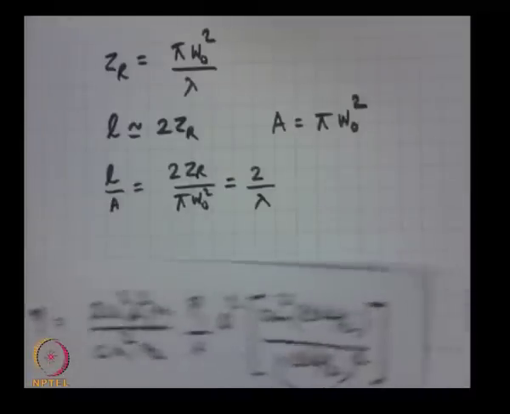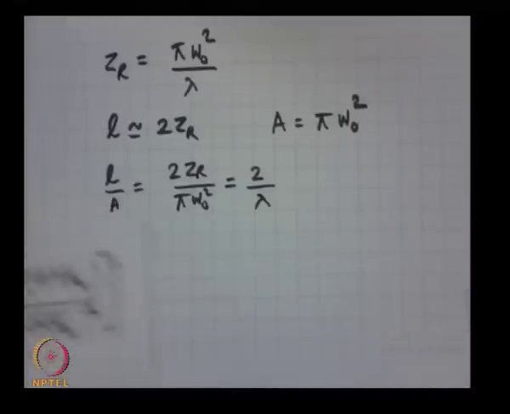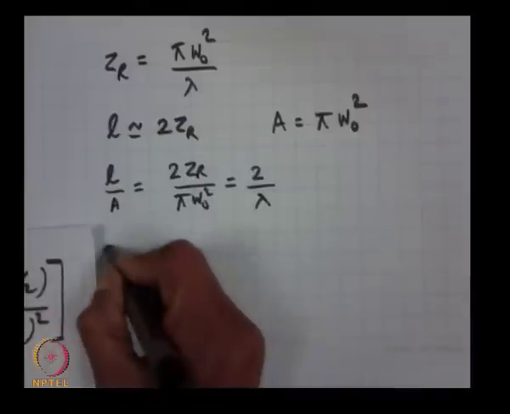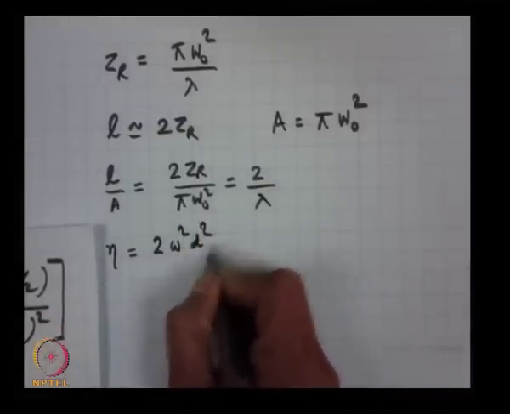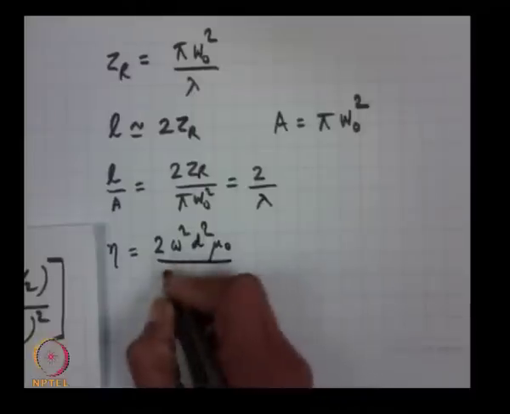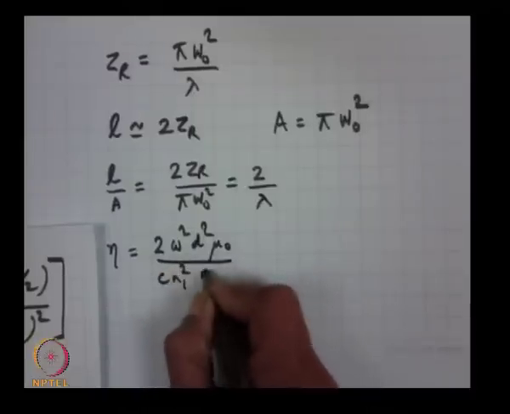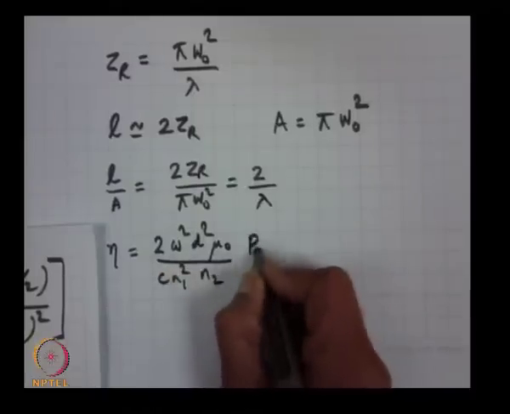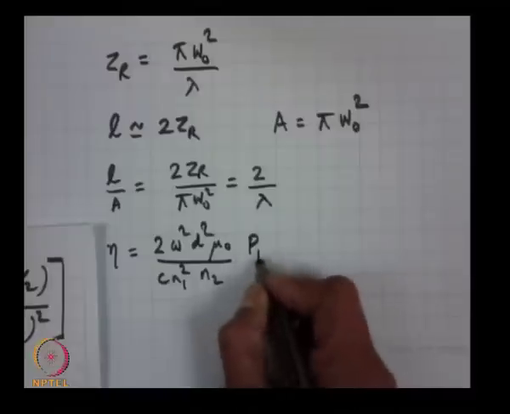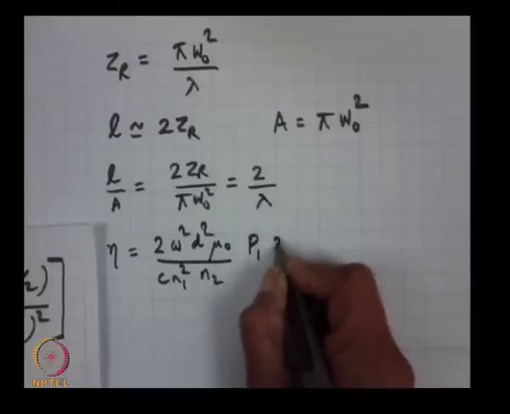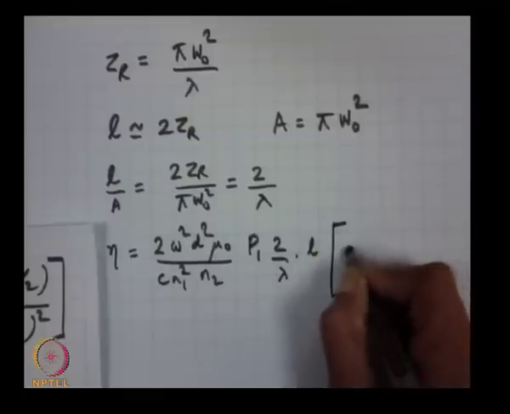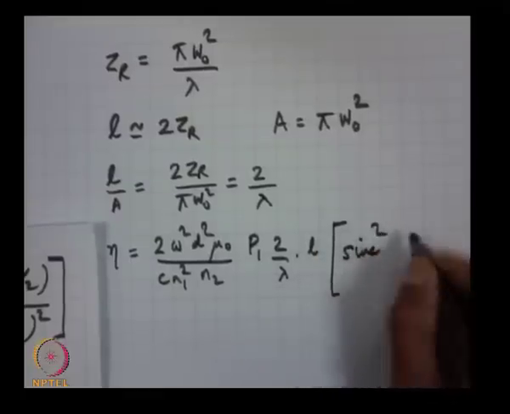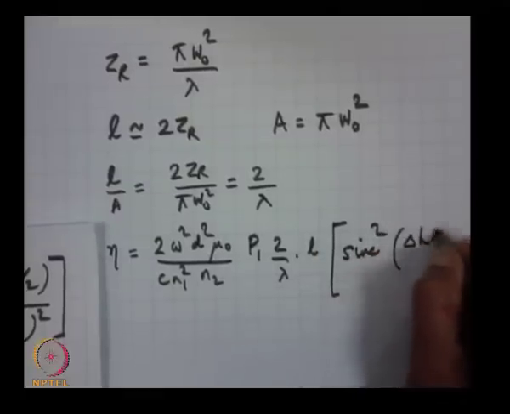So if you now use this equation for L by A, what you see immediately is eta becomes equal to 2 omega square d square mu 0 by c n1 square n2 P1, times L by A, which is 2 by lambda into L, into this sinc square of delta K L by 2.